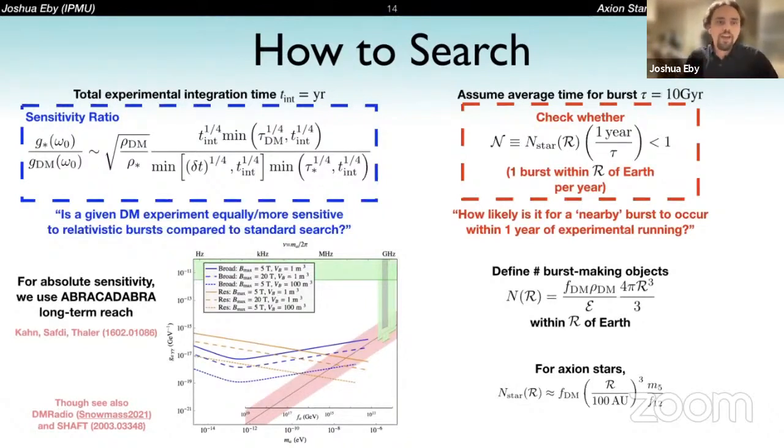So it's very worthy of a detailed study, which we hope to perform. But in order to just see what the sensitivity might be like, we took a sort of astrophysical timescale, like the lifetime of the galaxy, in order to estimate the lifetime here. And just asked whether there is, on average, one exploding axion star within a radius r within a year of experimental running.